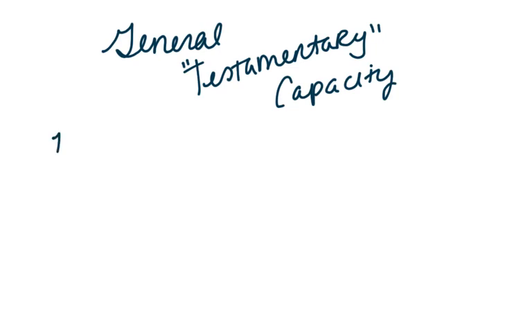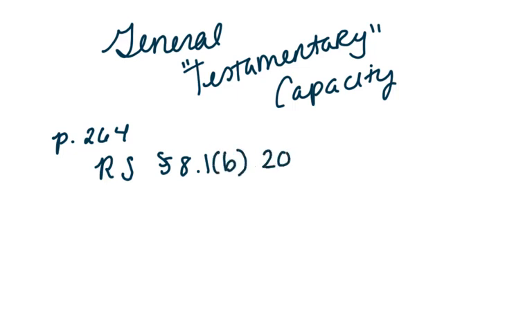If you turn to page 264 of your textbook, you will find the Restatement, section 8.1(b), 2003 edition, and this is going to be the statute that we use to define mental capacity or general capacity or testamentary capacity. It is a 4-part test.